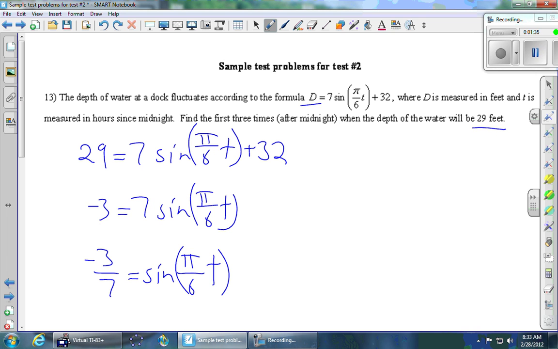And then we need to take the inverse sine of both sides. And then finally, you need to solve for t, so either divide by pi over 6 or multiply by 6 over pi.